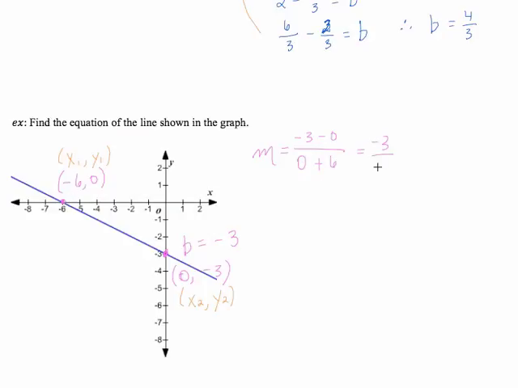So -3 over +6, which reduces to -1/2. And we know that b is -3, so that's enough information to put them together and write the equation of our line. And that is it for slope-intercept form of the equation of a line.